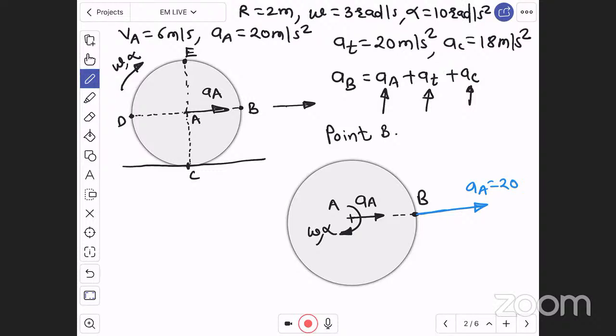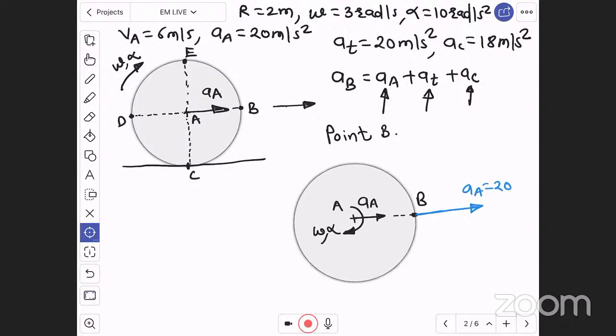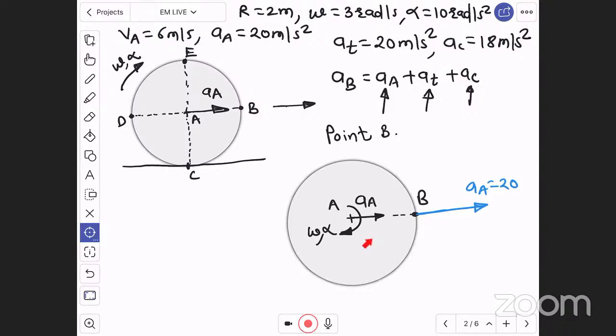Then there will be a tangential acceleration, in the direction of rotation. See, point B is moving in downward direction with respect to A. Because of this clockwise rotation, you can imagine, this point B is going in downward direction, and at the instant of B, the tangent is always perpendicular to radius and going in downward direction.